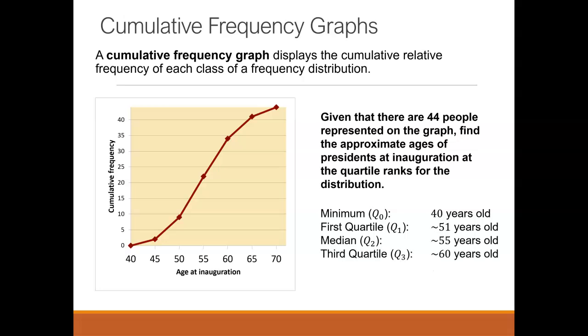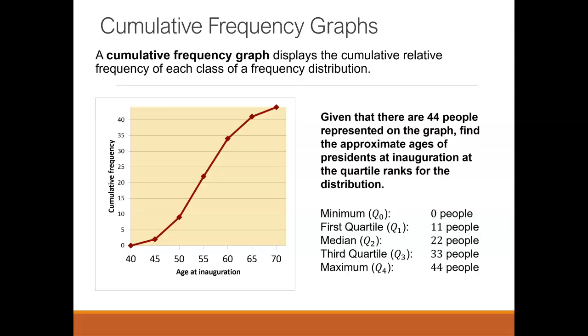And notice that I'm getting the same values here that I would have with the relative frequency graph. The difference was I had an extra step where I had to figure out how many people should be in the quartiles in order to predict the age.